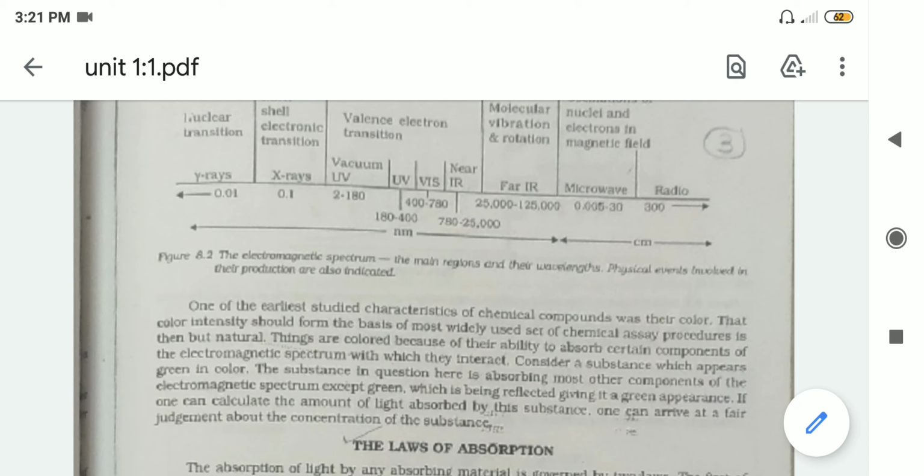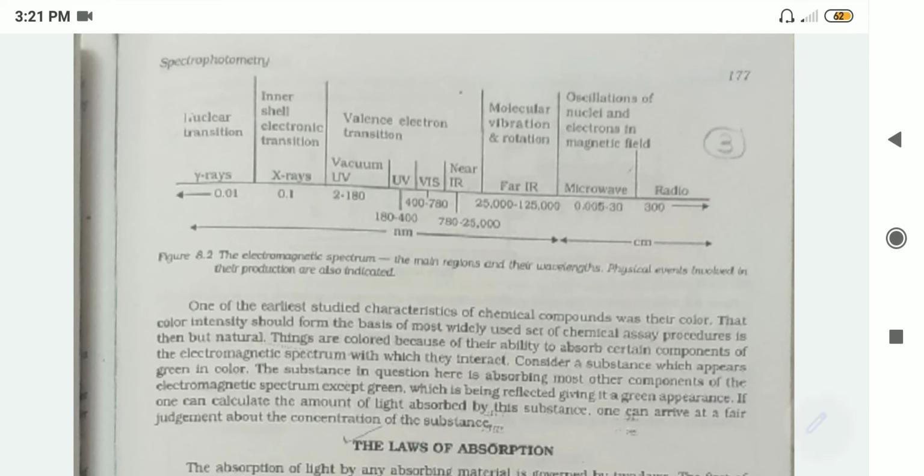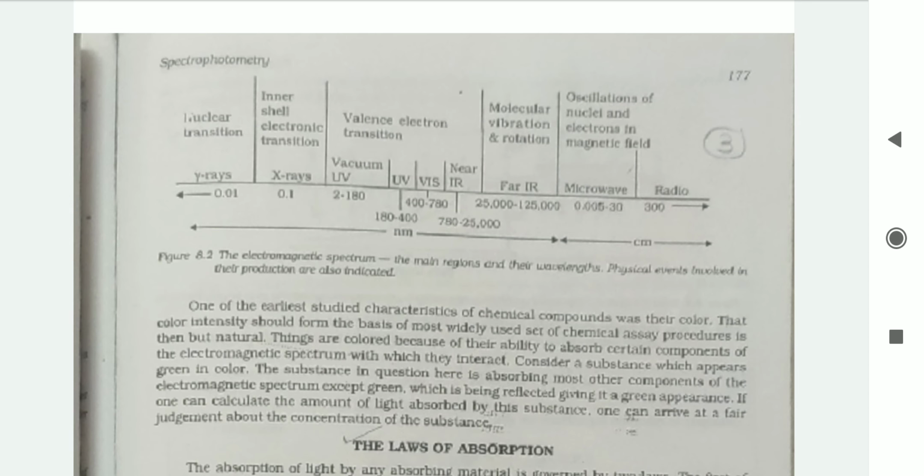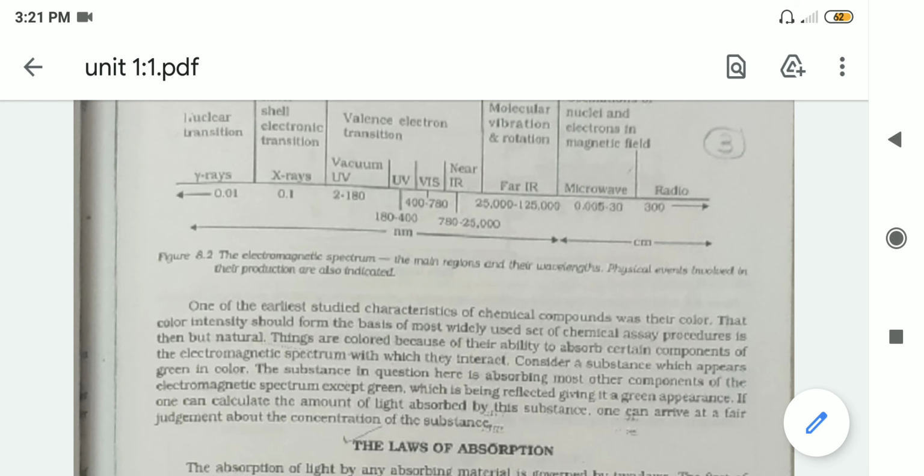Infrared falls from 25,000 nanometers to 1,25,000 nanometers. When do infrared vibrations occur? When there is a molecular vibration or rotation, infrared light is emitted during this process.